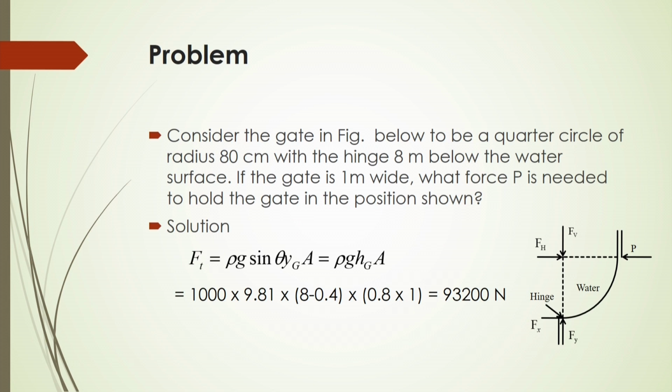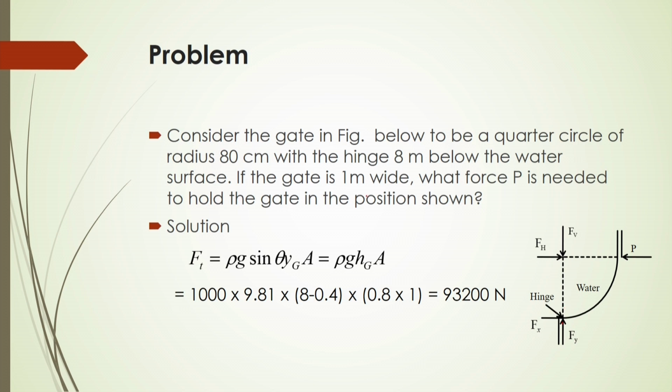Another problem is that suppose we consider the gate shown in the figure, a gate like this, which is a quarter circle of radius 80 centimeter, with the hinge 8 meter below the water surface.